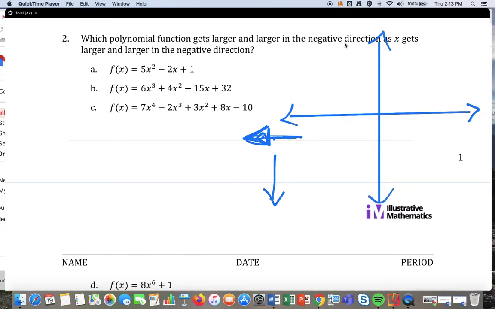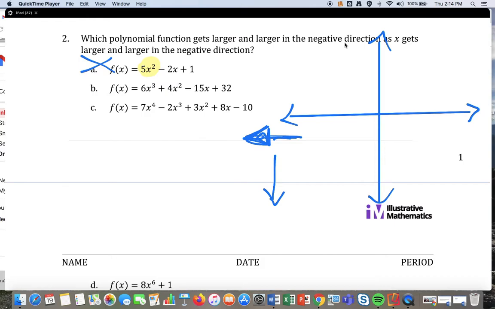So that first one, 5 times x squared, that degree there is even, and so those end behaviors are going to behave the same, and since it's a positive 5, they're both going to be going up, so we can't use letter A for this one.